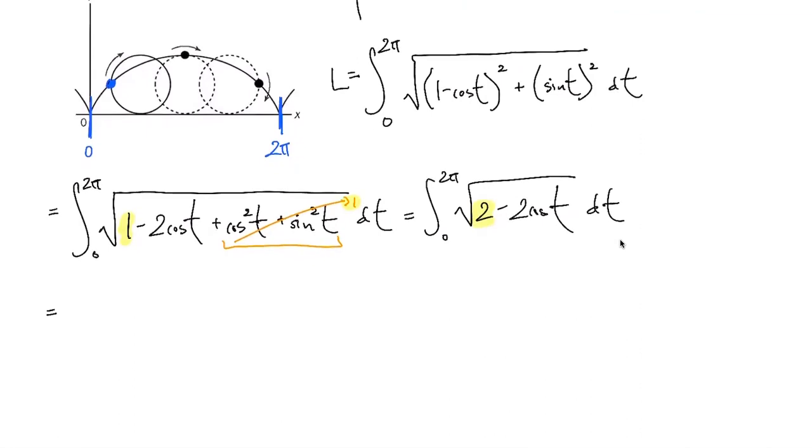All right, so we've got the square root of 2 that I'm going to pull as a constant all the way out to the front of my integral. Okay, so square root of 2, the integral from 0 to 2 pi. And then underneath the square root, what I have left is 1 minus cosine t.